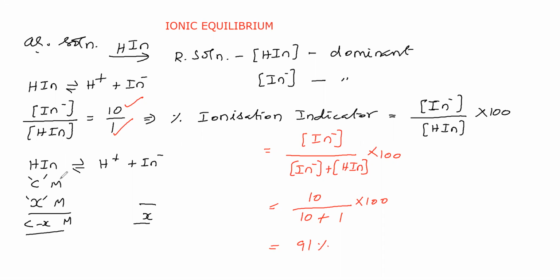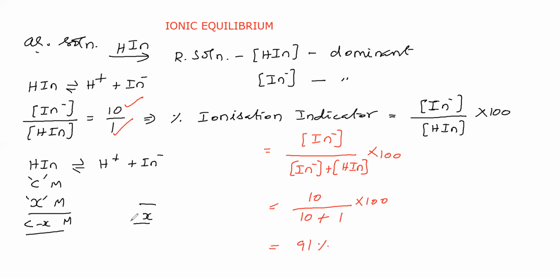That is the meaning. So when the ratio is like this, what is the percentage of ionization of indicator? 91 percent of the indicator is ionized. That means 91 percent of IN minus is present. Just 9% of unionized form is present.